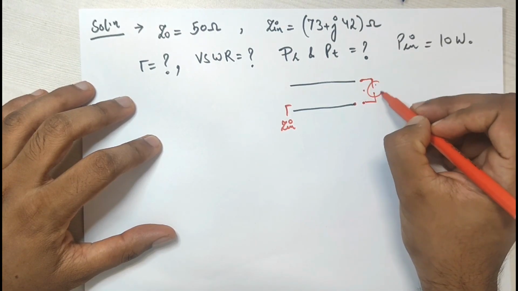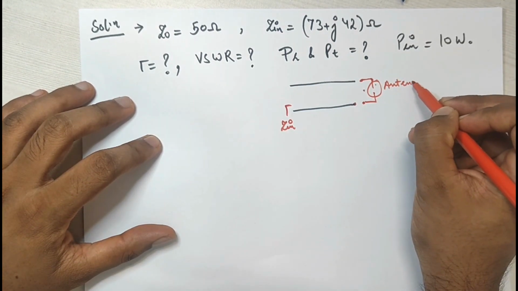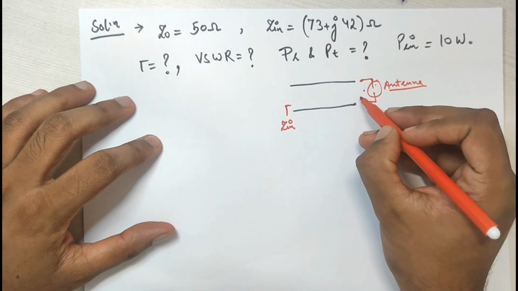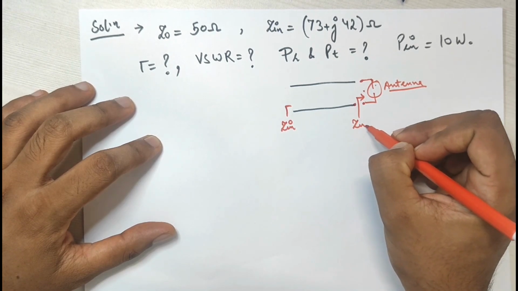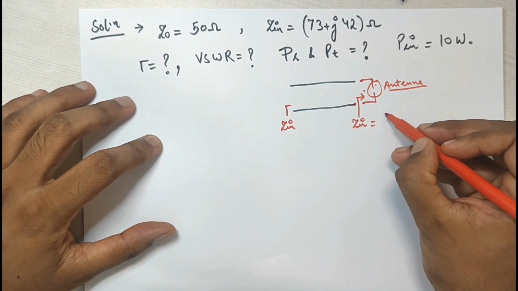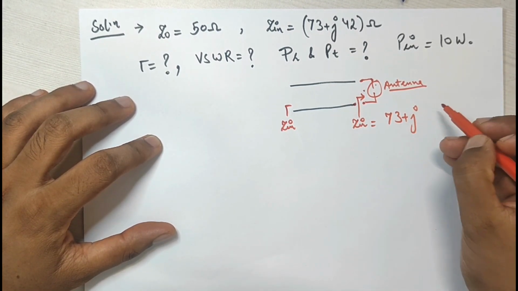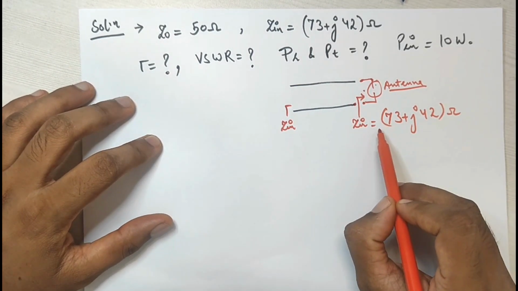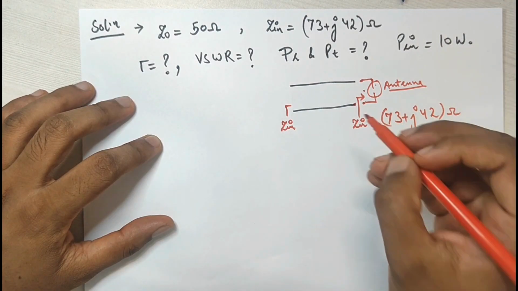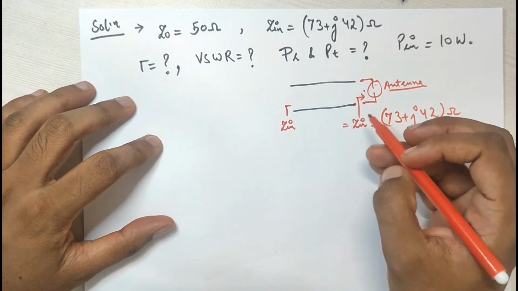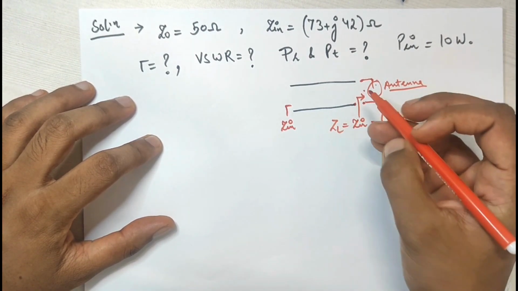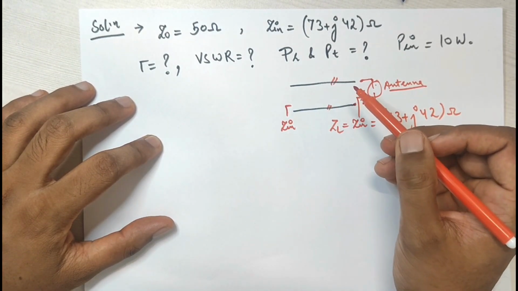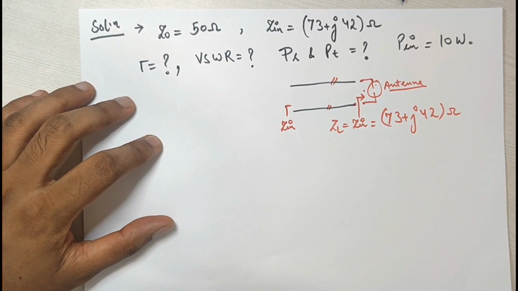Now it is saying that the input impedance of the dipole antenna is 73 plus J42. If this is the input impedance of the dipole antenna, that means that for this transmission line, this will be the load impedance. So this becomes the load impedance of this transmission line.